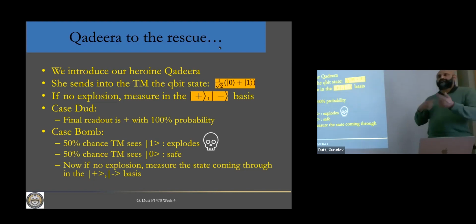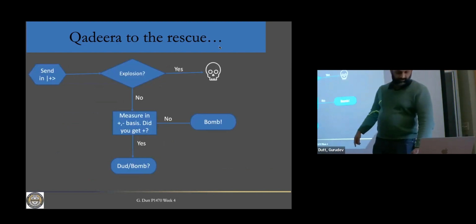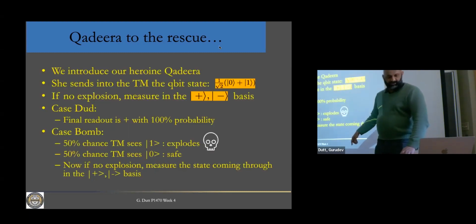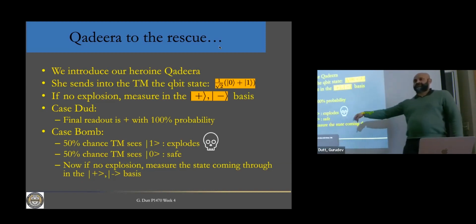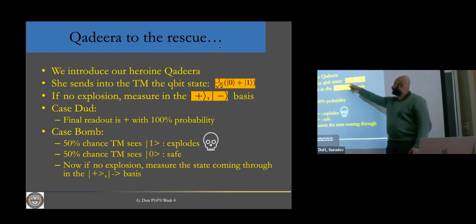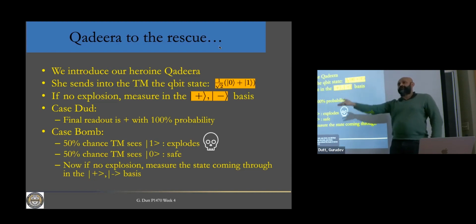And if you are confused, just remember that the 0 state can also be written as a superposition of plus and minus. We showed that in the last class. We did that several different ways. We took different bases and rewrote 0 and 1 in terms of the new basis. That's the thing you have to keep with.